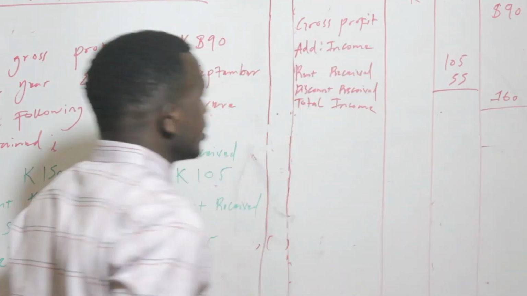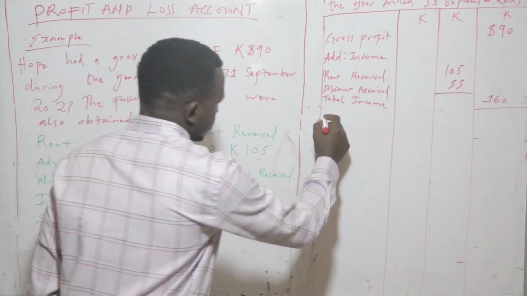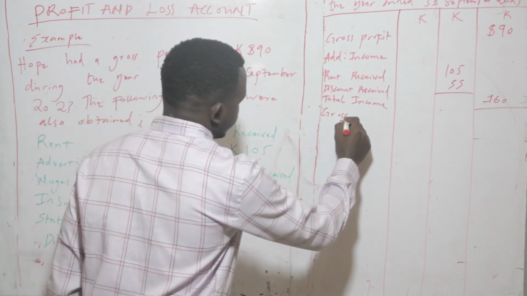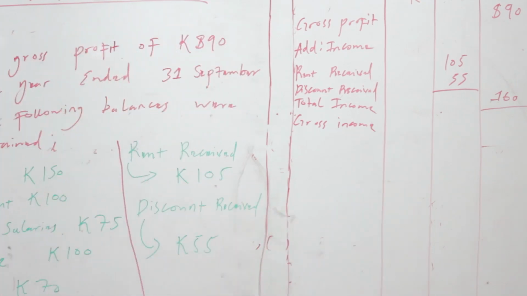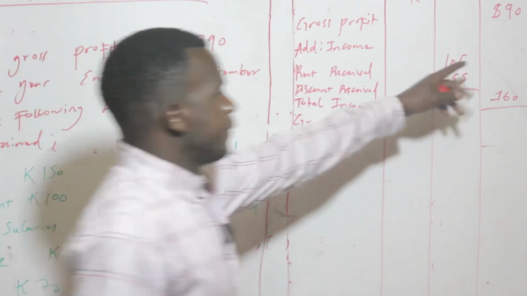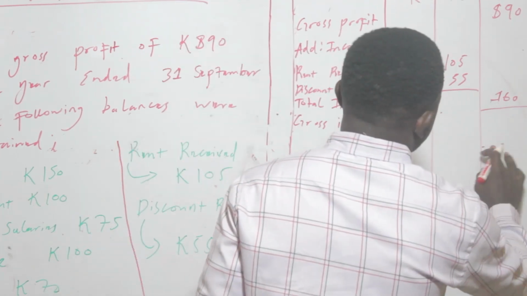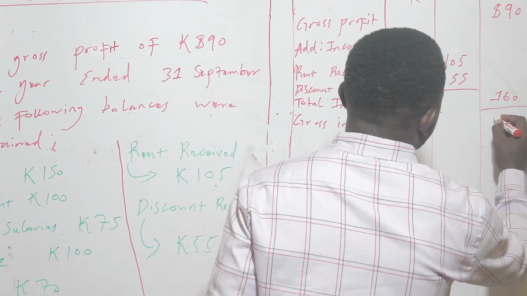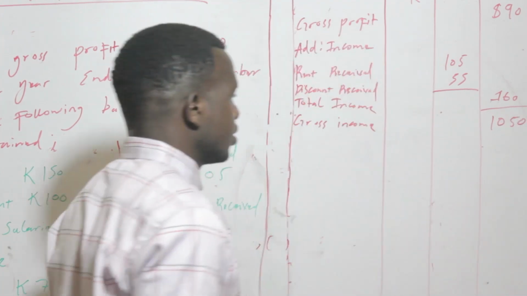Then we can add the gross profit plus total income to get gross income. So say 890 plus 160, the answer that we're going to have is 1050.